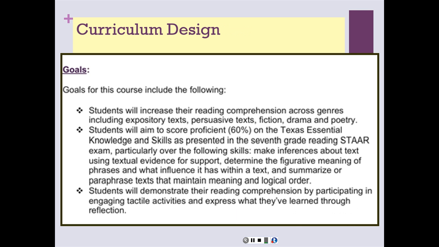I had 3 basic goals when designing the curriculum for my course, which were: students will increase reading comprehension across genres, including expository text, persuasive text, fiction, drama, and poetry.